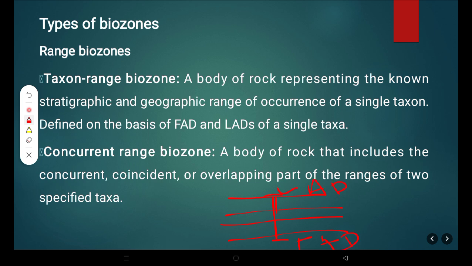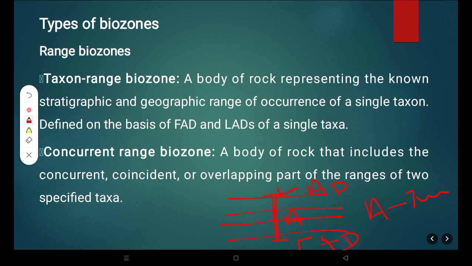Based on this fossil we can establish a taxon range biozone. Suppose this fossil species name is A; we can name it A taxon range biozone. There will be several examples for this, which is very important. I will say that later.